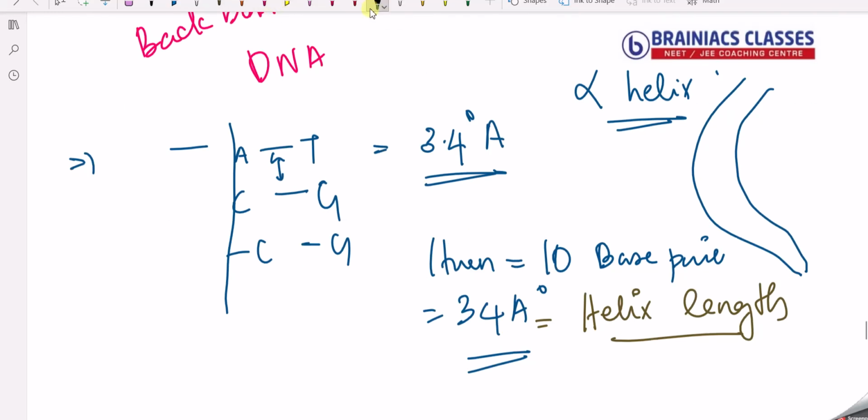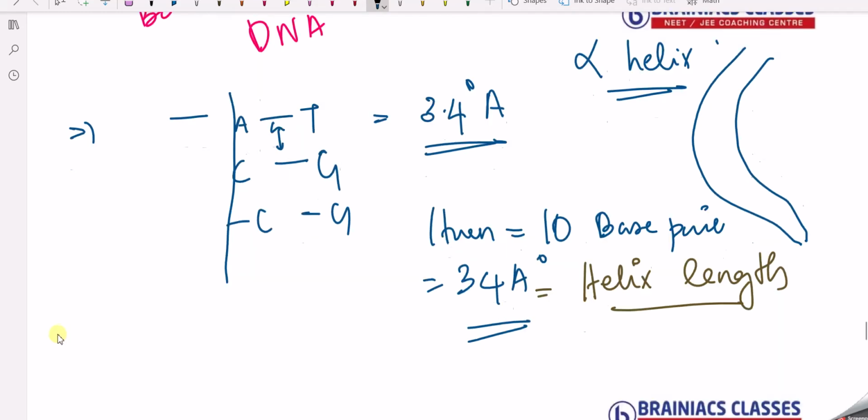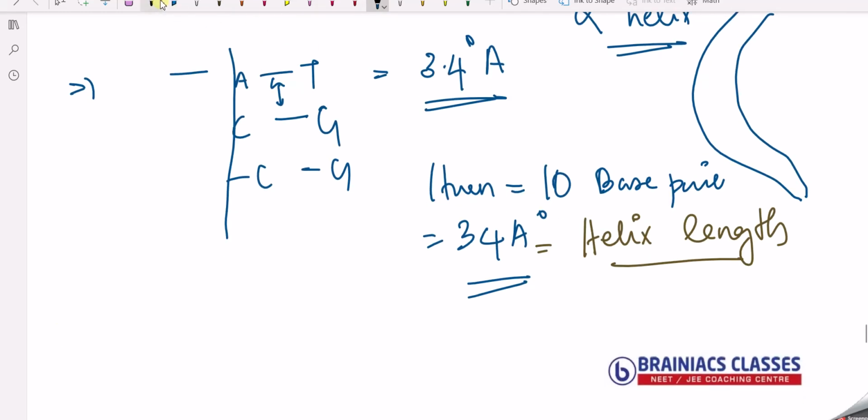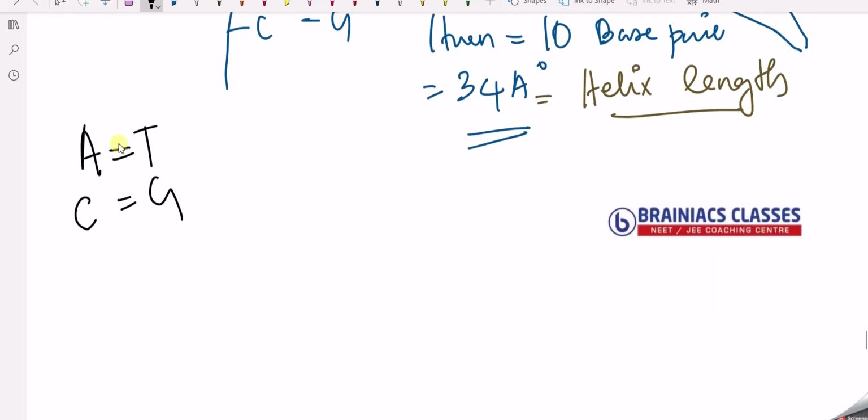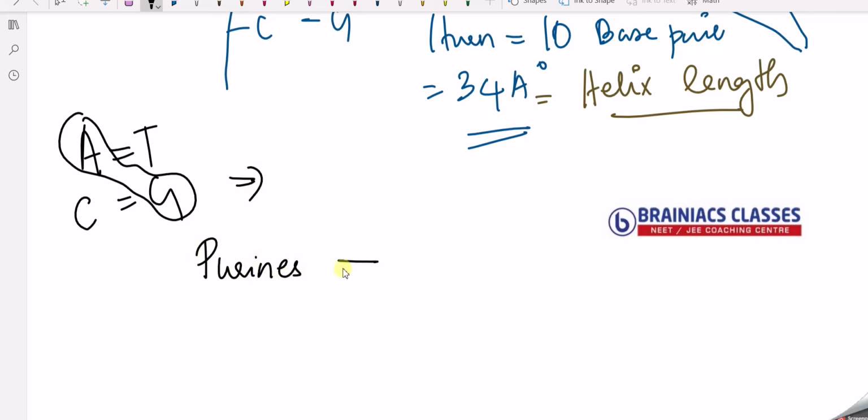I told you adenine pairs with thymine, and cytosine pairs with guanine, right? So the number of adenine will always be equal to thymine, and the number of cytosine will always be equal to guanine. Adenine and guanine are purines, and cytosine and thymine are pyrimidines. So the number of purines will be equal to the number of pyrimidines.